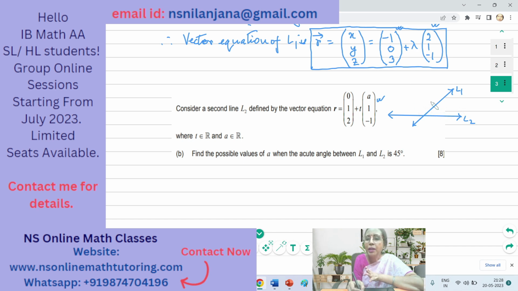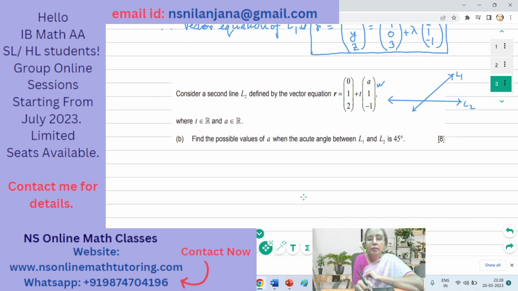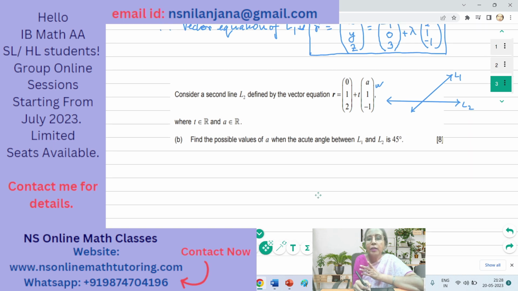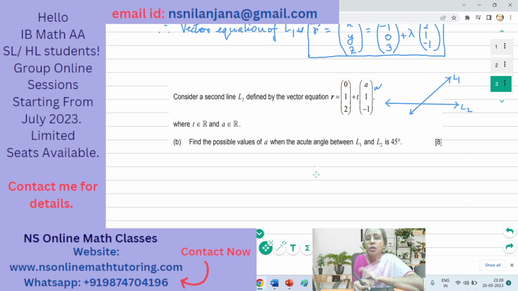I've just drawn two arbitrary lines. I have drawn two intersecting lines because they have said that the possible values of a have to be found when there is an acute angle between these two lines. The acute angle is 45 degrees. Since there is an acute angle, that means the lines are intersecting. You cannot have an acute angle for two parallel lines. So they are intersecting.